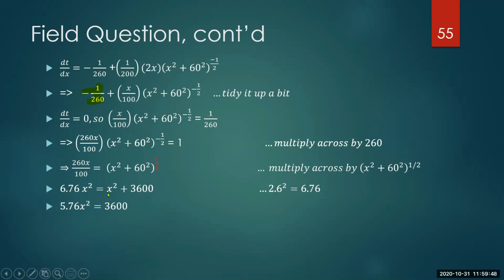And so we move the x squared across, and that gives us 5.76x squared is equal to 3,600. Then x squared is equal to 3,600 over 5.76, and so x squared is 625, and so x is equal to 25 meters.